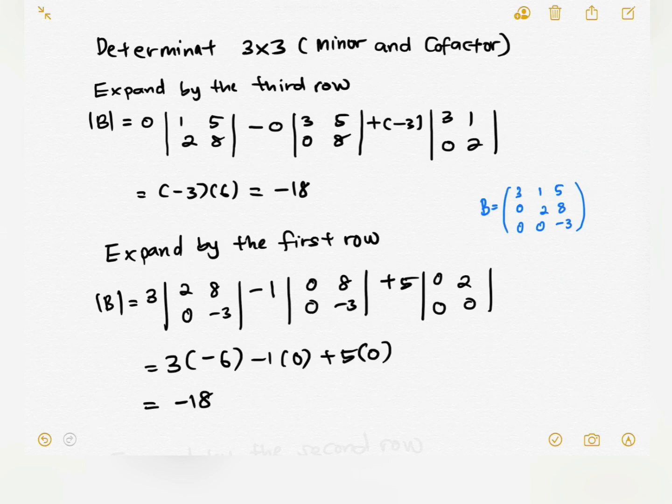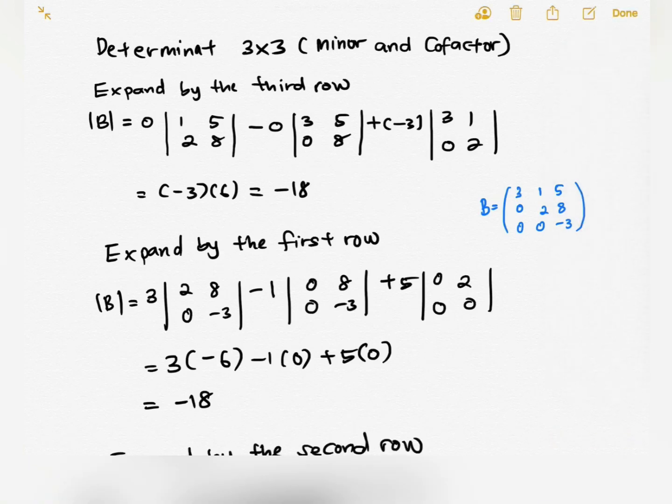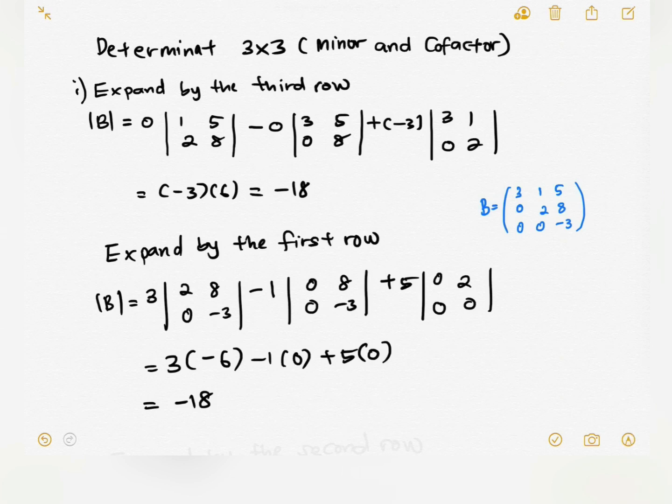So I've shown here that you expand by any row, you will get the same answer, which is negative 18. The first one, I expand by the third row. Why did I choose the third row? Because the elements in the third row are 0, 0, negative 3.